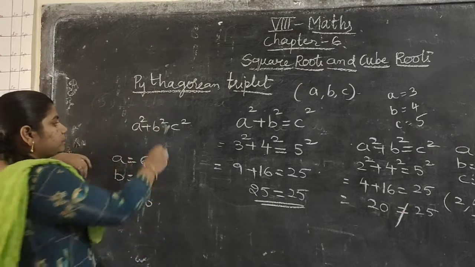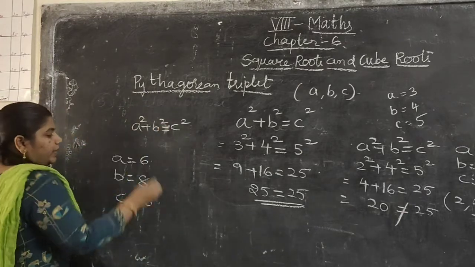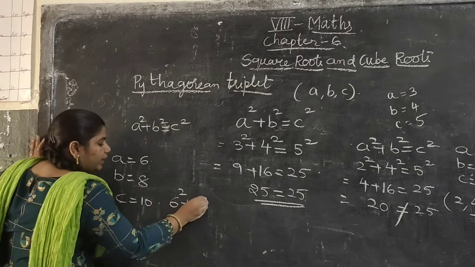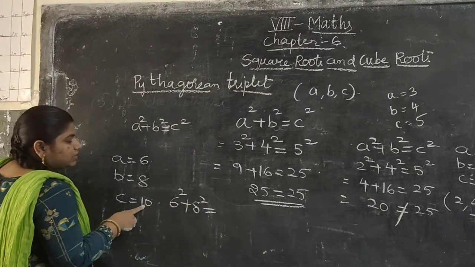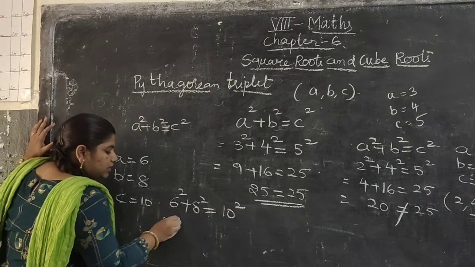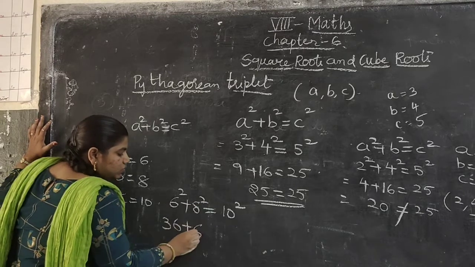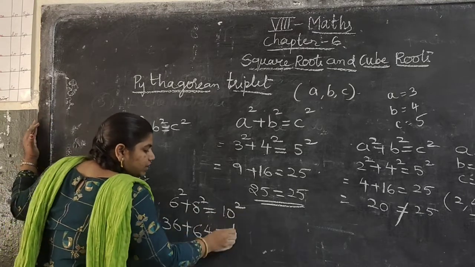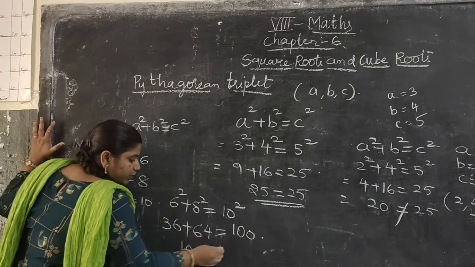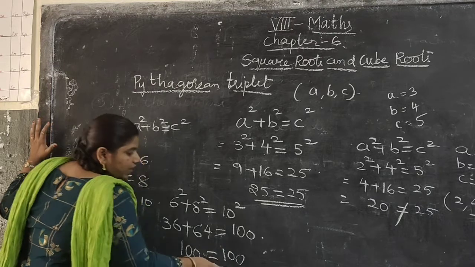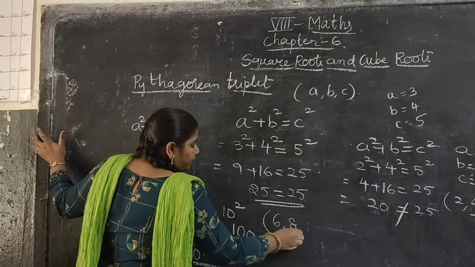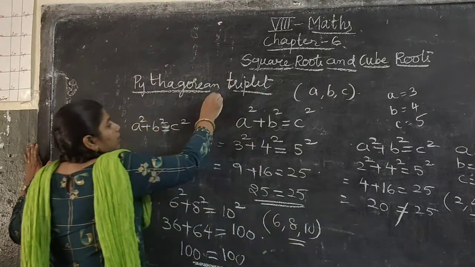A square is 6 square plus b square is 8 square equals c square, which is 10 square. 6 square is 36 plus 8 square is 64 equals 10 square is 100. 36 plus 64 is 100, equals 100. So LHS is equal to RHS. Therefore 6, 8, 10 is a Pythagorean triplet.